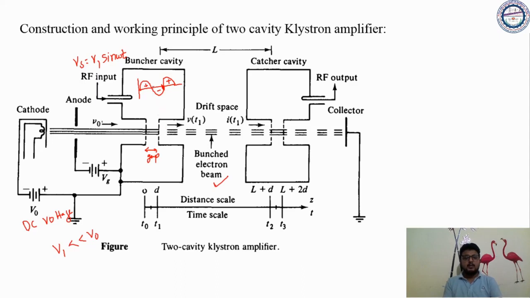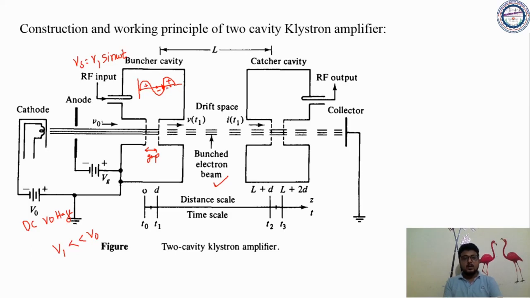We can see the electrons which were coming at some time this one, at some time this one, and sometime this one. So you can see this electron reaches early, this electron reaches later, and this electron at sometime t0. The electron which comes early is decelerated, its velocity decreases, and the electron which comes later is accelerated.